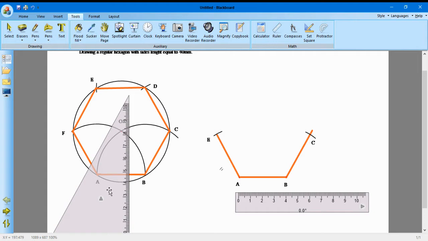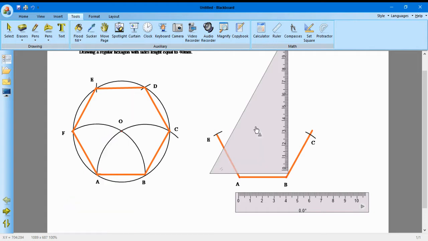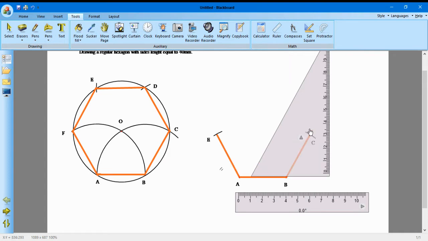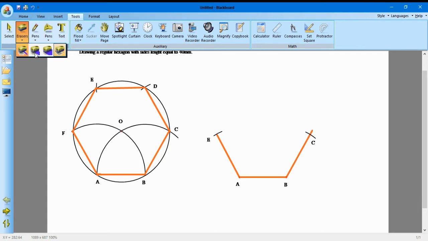Now I need to continue by drawing my other points, which is going to be E. And this is a mistake here. It's supposed to be F instead of E, so I will need to erase this, right? And I need to continue with this, okay?